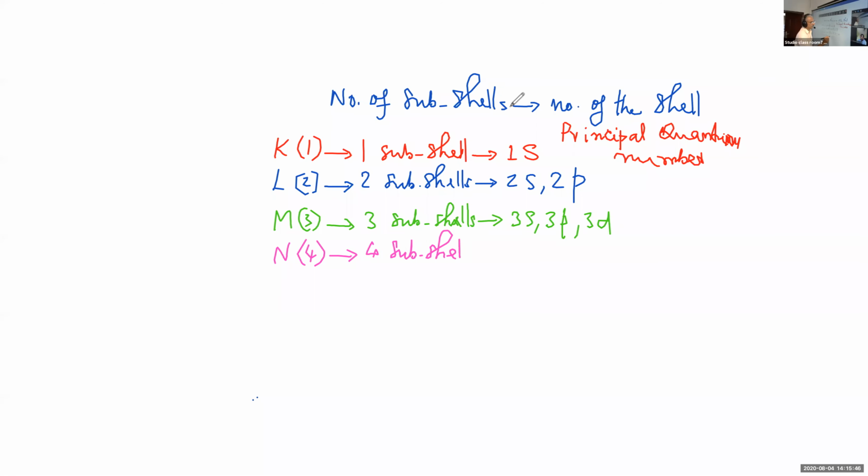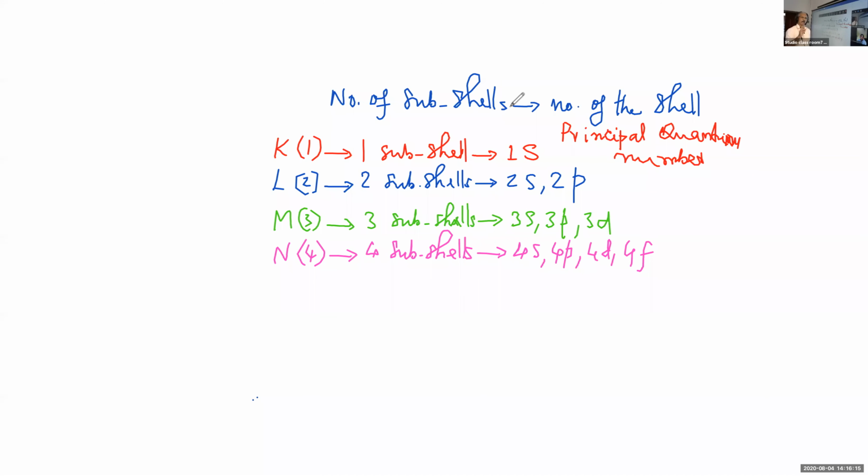These subshells are S, P, D, and F. To distinguish the subshells, we name them 4S, 4P, 4D, and 4F.